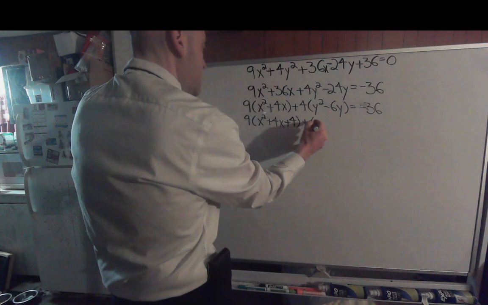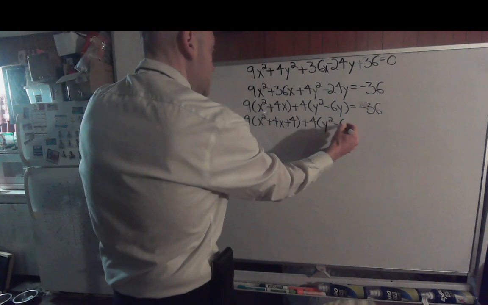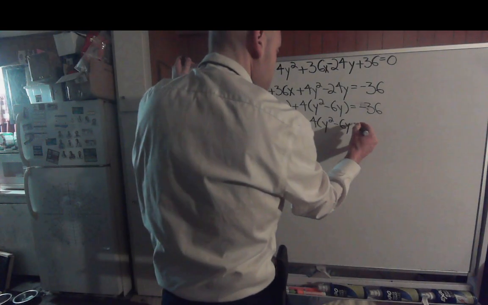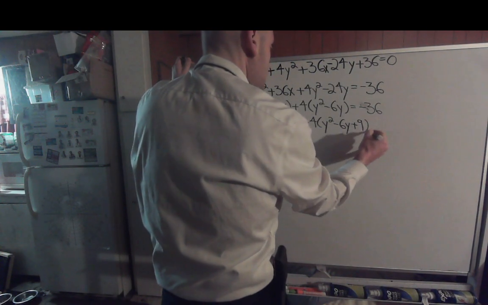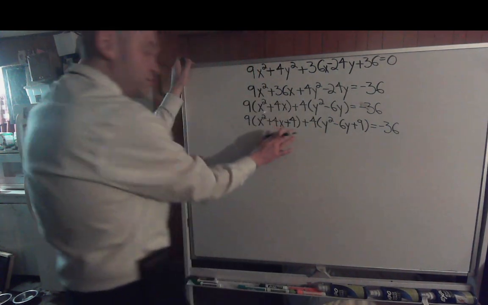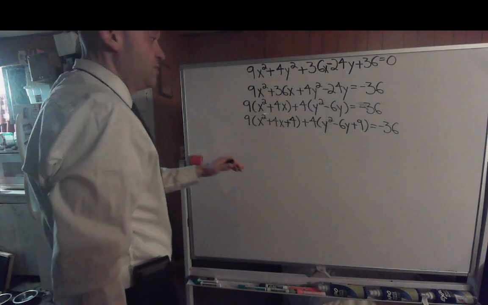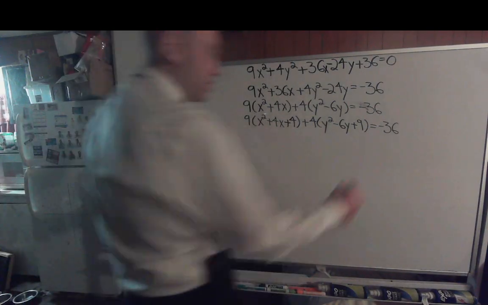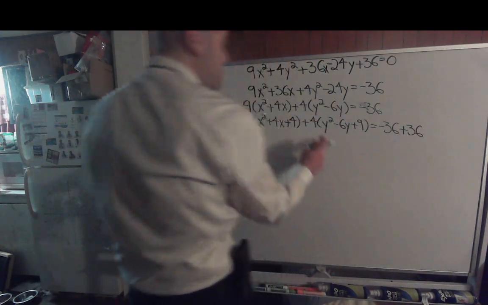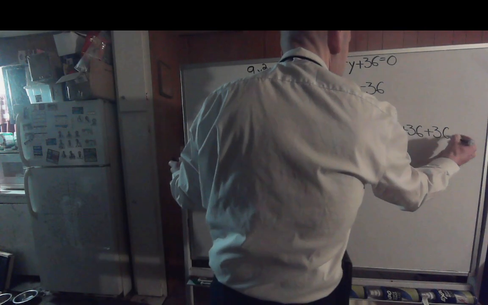Plus now your 4 times y squared minus 6y, and if you complete the square on this you would get plus 9. All that equals negative 36 plus your completed squares from the left-hand side. So if you take 9 times 4, you'll add 36 on the right-hand side. Then if you take 4 times 9, you'll add another 36 on the right-hand side.